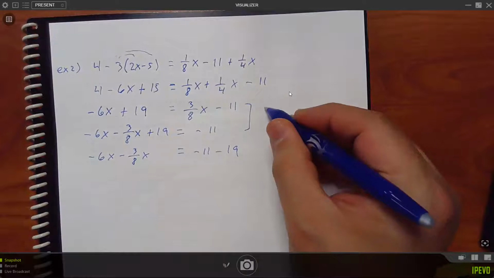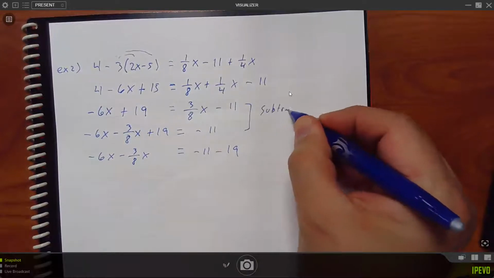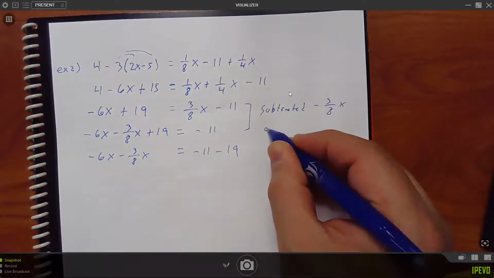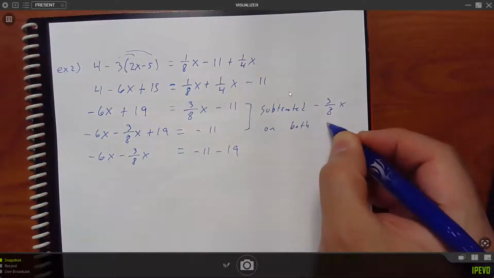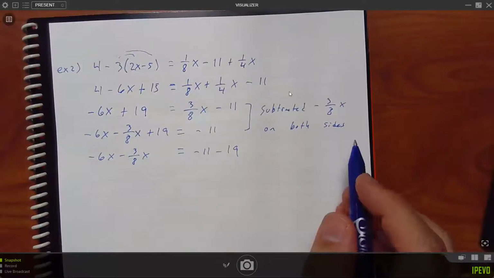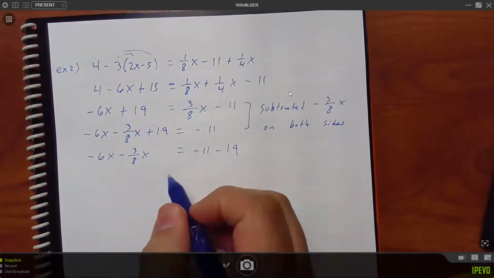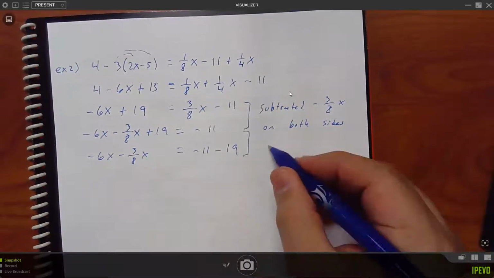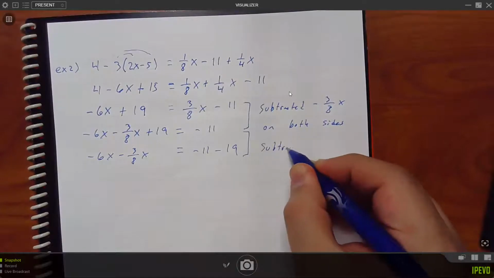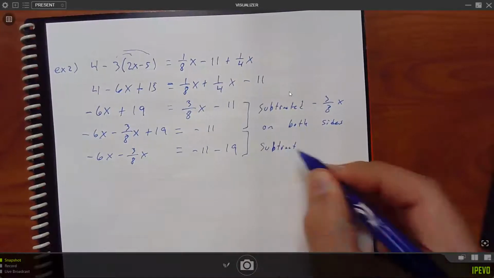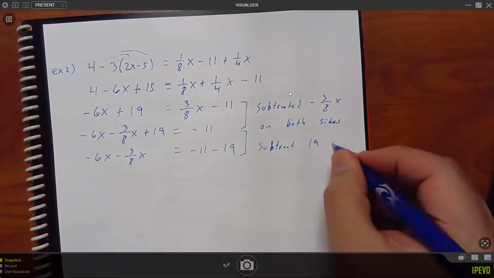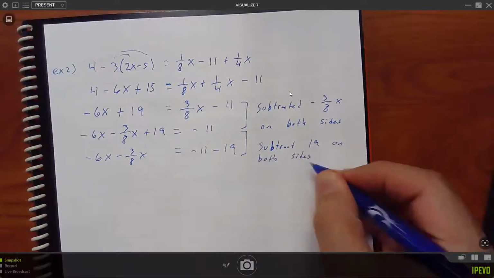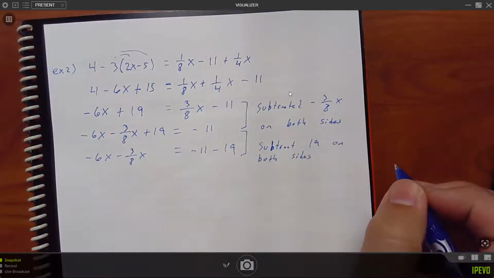So technically I subtracted -3/8 x on both sides. And then from here to here, subtract 19 on both sides. I'm gonna try to write the steps, so if we look at it later, we know what happened, right?